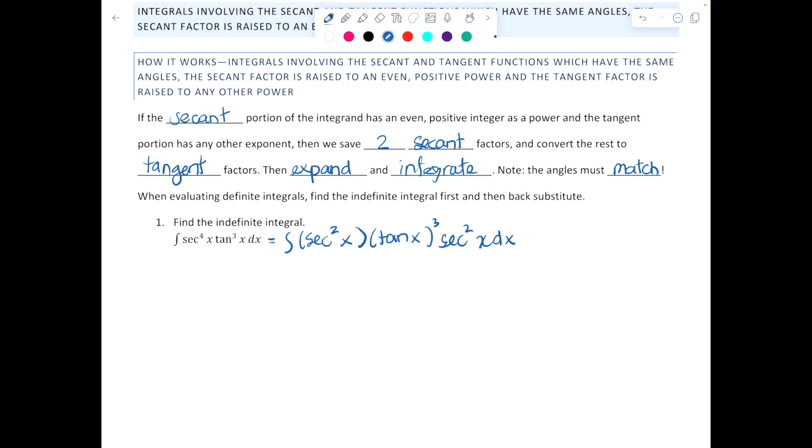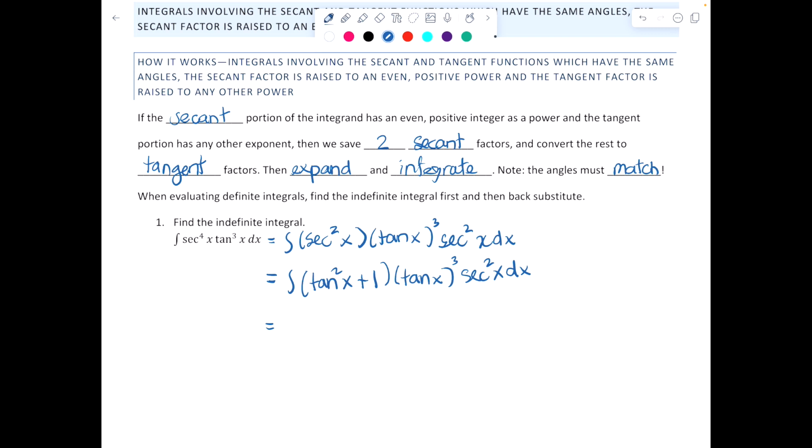Mwahaha. All right. Next up, we're going to convert secant squared at x, that first factor, into tangents. So we'll get tangent squared at x plus 1, times tangent at x, the quantity cubed, times secant squared at x dx.